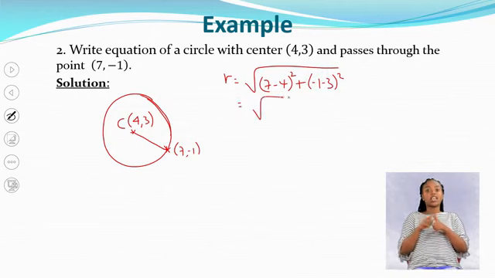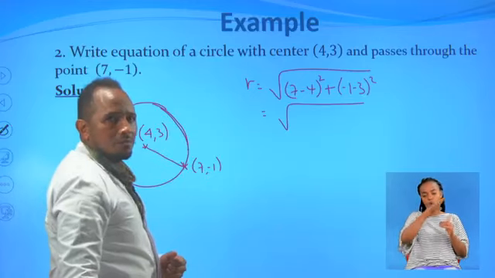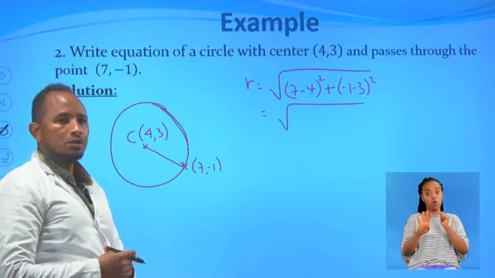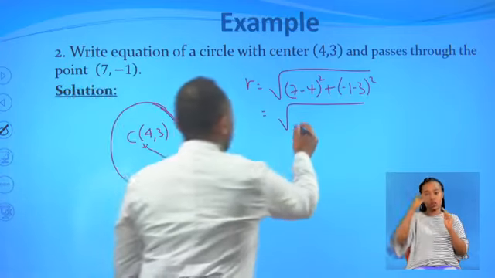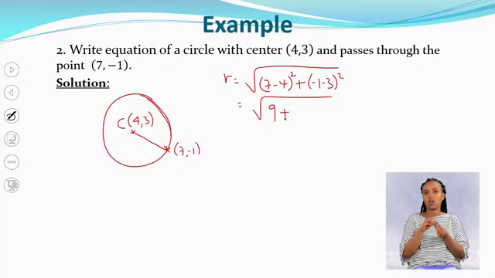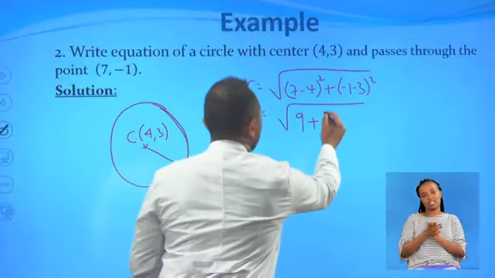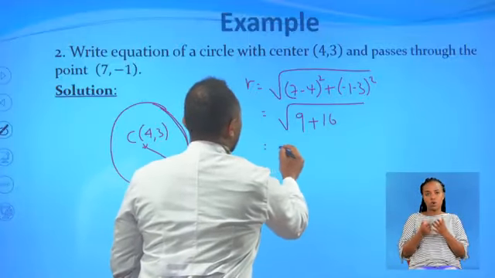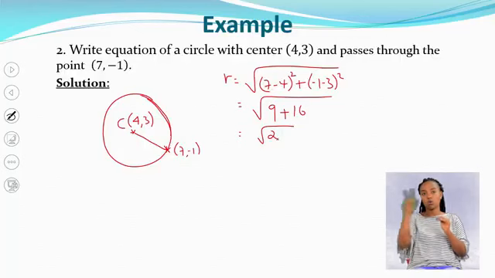This is equal to the square root of 7 minus 4, which is 3, 3 squared is 9, plus negative 1 minus 3, which is minus 4, and when you square it, 16. So this is equal to the square root of 25. So the radius is 5.